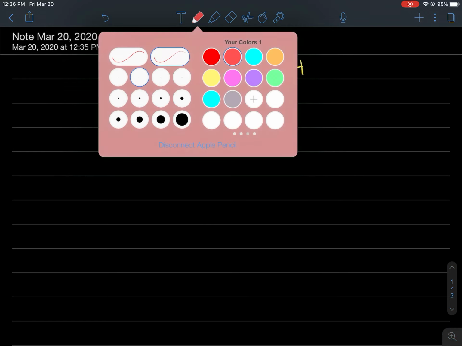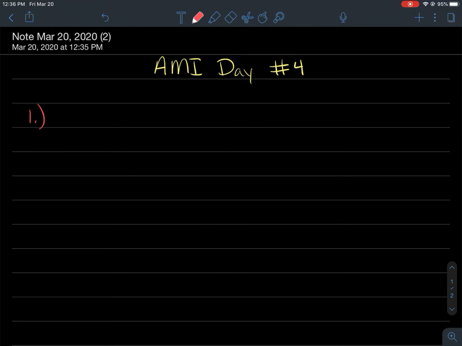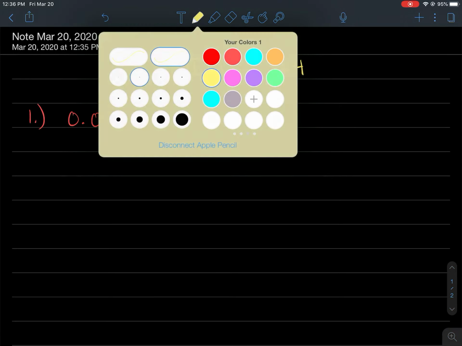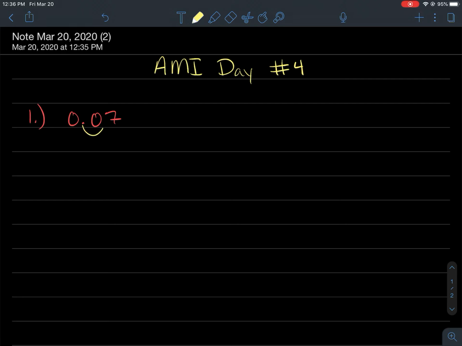So number 1 says write the value of 0.07 in scientific notation. Okay. Well, remember, your decimal has to go behind your very first non-zero number. So your decimal needs to go right here, right behind your very first non-zero number.